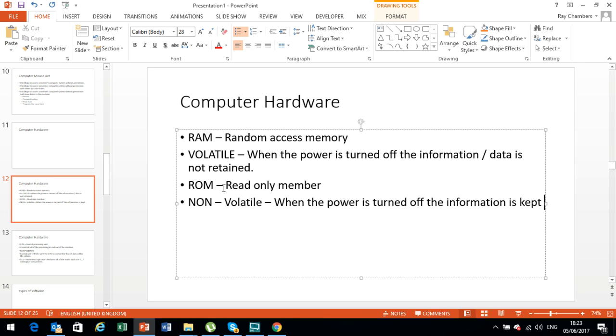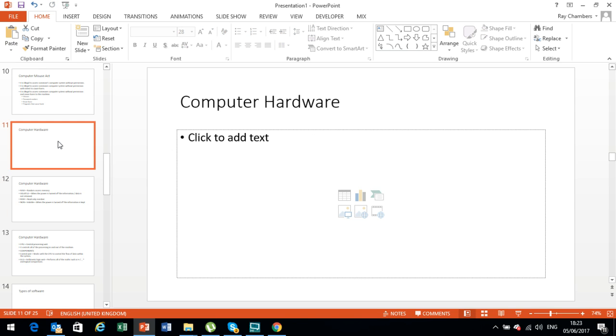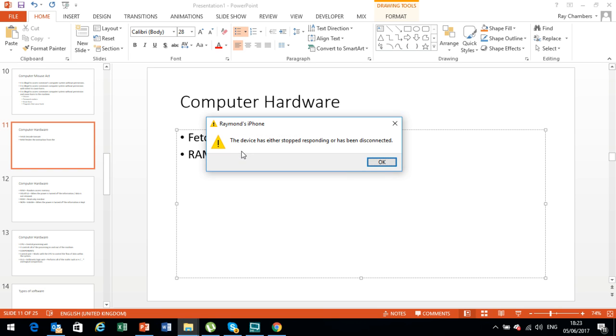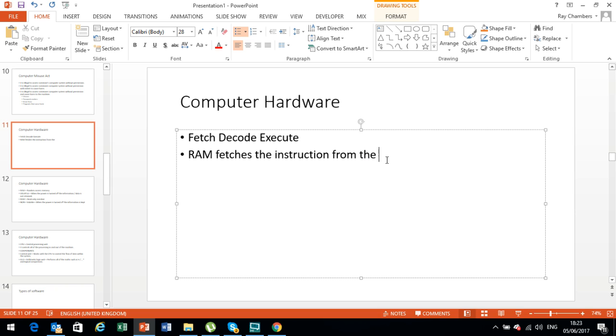Okay? Now, when you have the fetch, decode, execute cycle, remember what happens here.